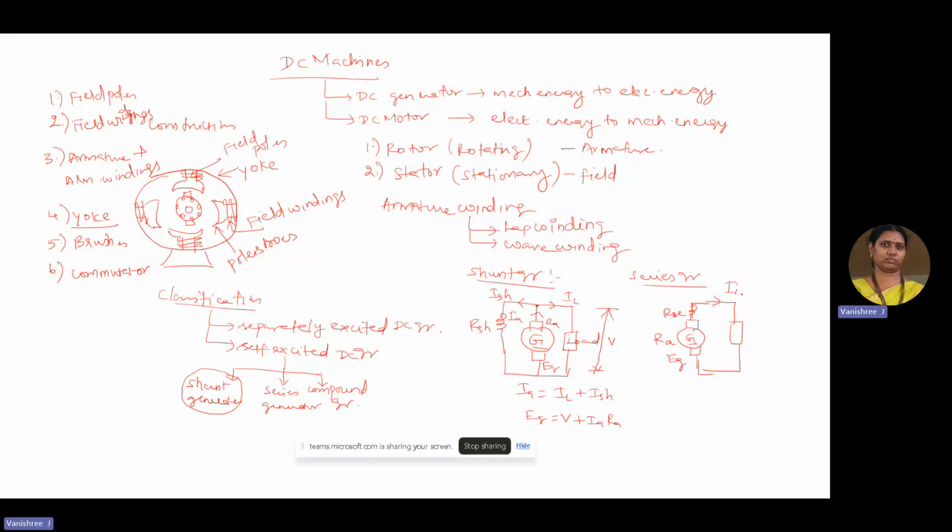The load current is IL, the current coming out of the generator is IA, and the current flowing through the series field winding is ISC. Since it is a single load, IA is equal to IL is equal to ISC, and the voltage across the load is V.